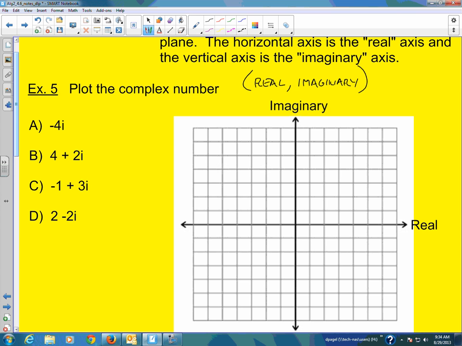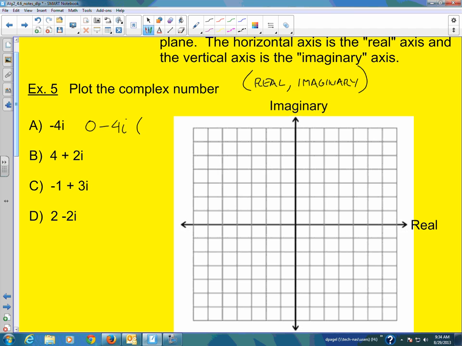So looking at A, A is a complex number in which the real portion is 0, and the imaginary portion is negative 4i. So all I'm doing is putting this in standard form. 0 minus 4i is the same thing as just negative 4i.